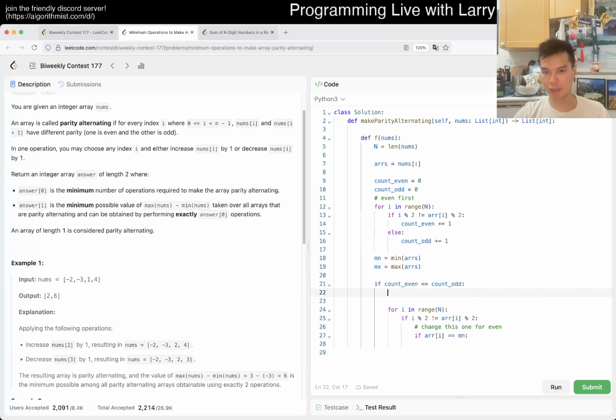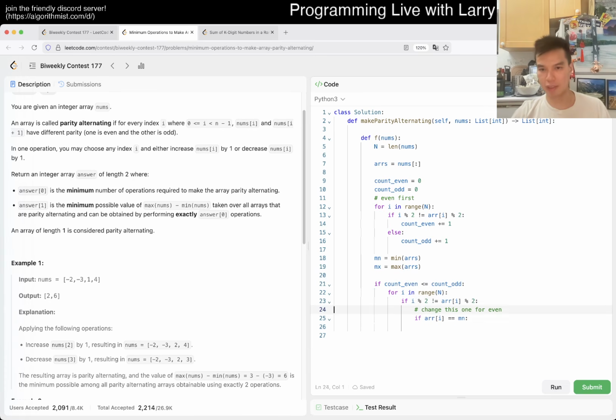Actually if min mod 2 is not equal to, no, I mean, I guess it actually matters what index it is. Maybe I lied. So here, we just changed this one, but then now we have to do the opposite, right? So we cannot change this for even.